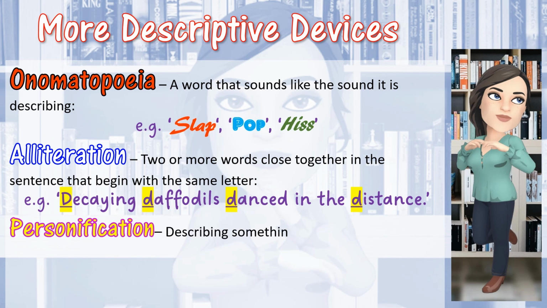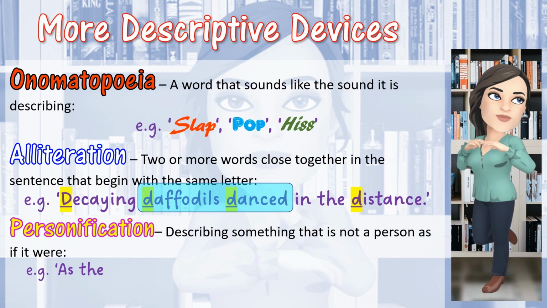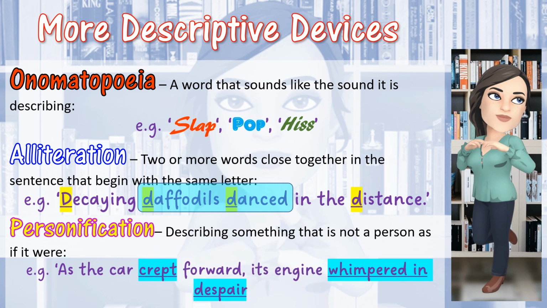Next we have personification, and the clue is in the title, personification, person, and it's when we describe something that is not a person as if it were. For example, daffodils danced, and as the car crept forward, its engine whimpered in despair.